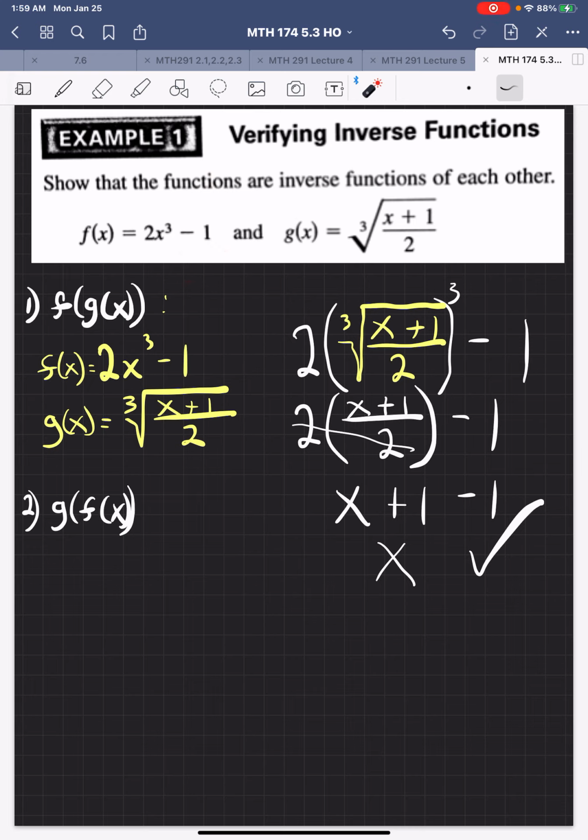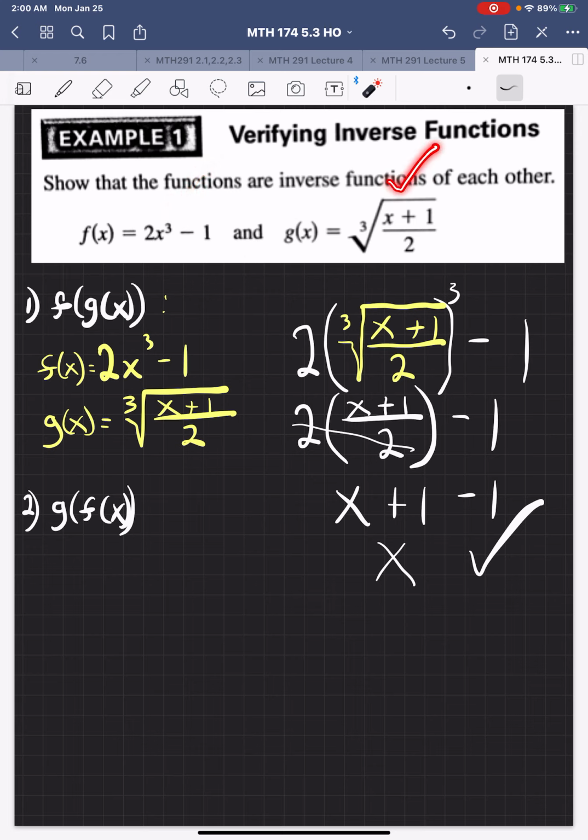Well, what are my choices? I can subtract 1. That's one operation. I can double it, multiply by 2, or I can raise it to the power of 3. Don't you agree with me that the first thing you would do is raise 1 to the power of 3? So the first thing you would do here is cube it.